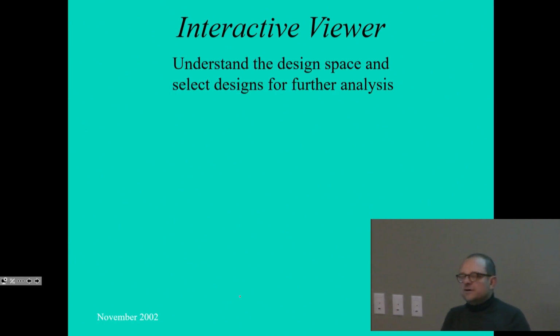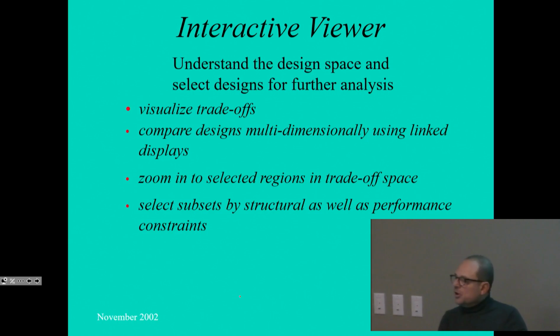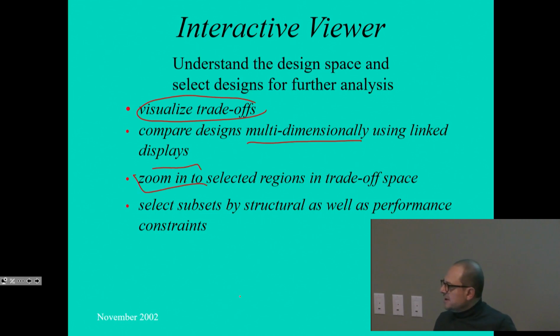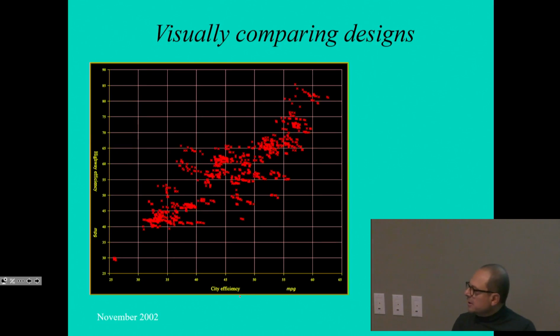And so there is now an interactive viewer. You want to actually see these trade-offs, visualize them, compare them multidimensionally because you have multiple optimization criteria. And can you zoom in and take a look at the details of this? Can you select subsets? And I'll show you how the graphical viewer appears.